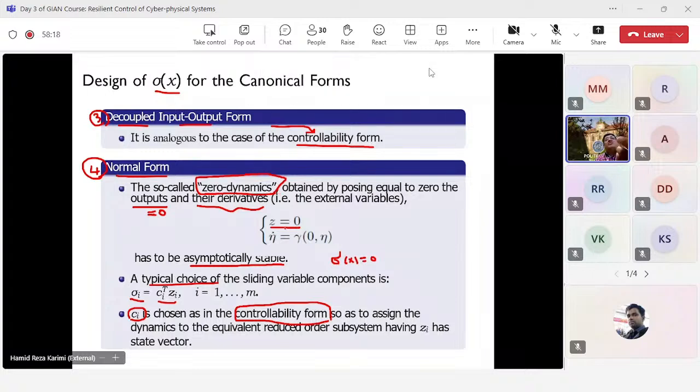And if you don't control it, then the system becomes very critical. Therefore, stabilization of the zero dynamics is the first step. You can stabilize the zero dynamics by choosing the sigma R in such a way.